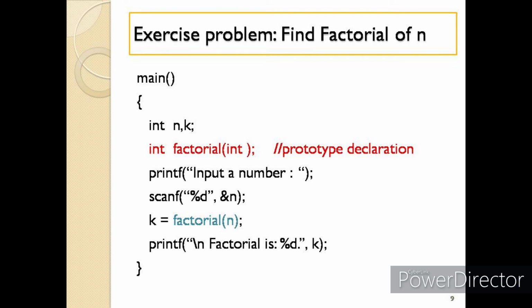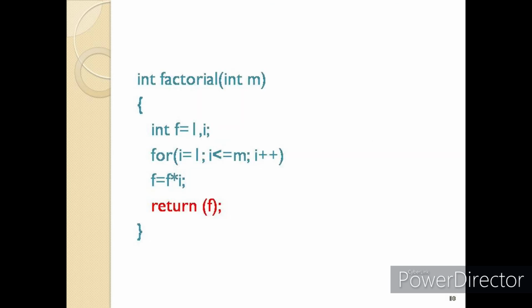Here the factorial function is defined: int, that is the return type of the value returned by the function, factorial is the name of the function, int m. So m is the formal parameter which gets the value from the actual argument n. Inside the braces, we have the lines for finding the factorial of the number.